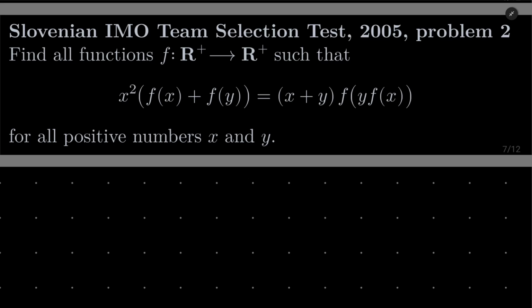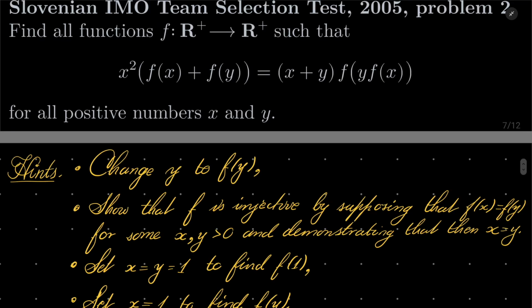It's a nice problem. Here are my hints. First, try changing y to f(y), and then try showing that our function must be injective. And sadly, you have to do it by definition. So suppose that f(x) equals f(y) for some positive numbers x and y, and try to show that it means that x equals y.